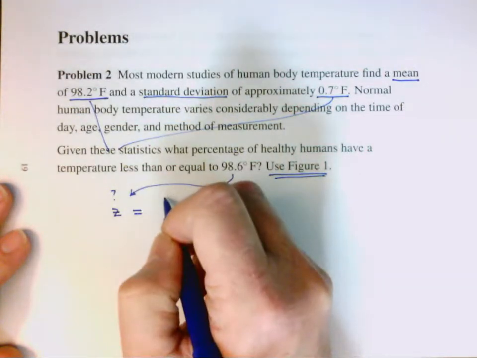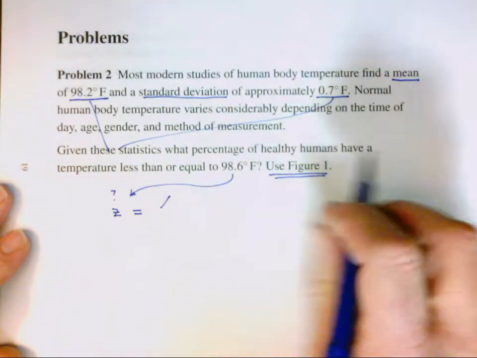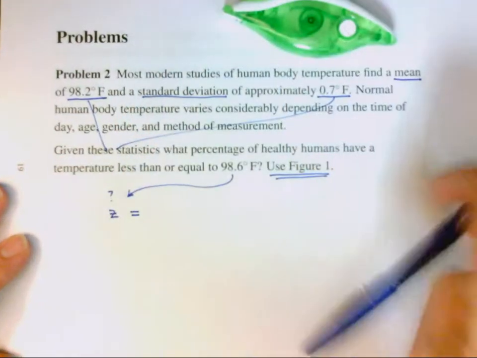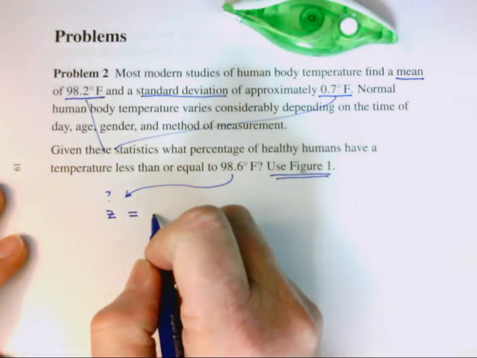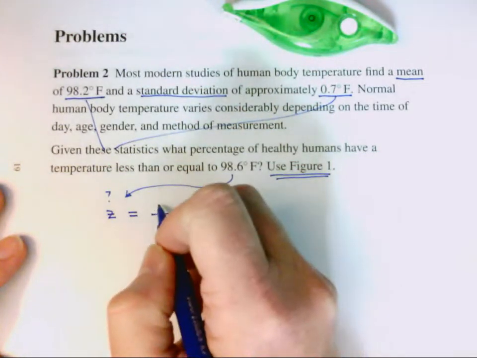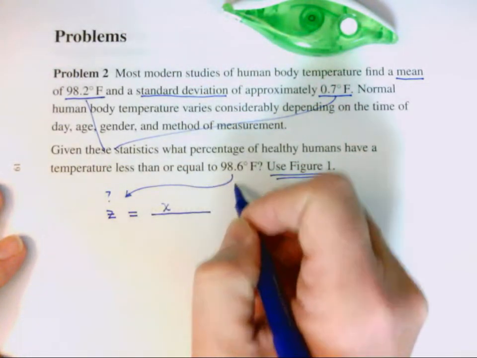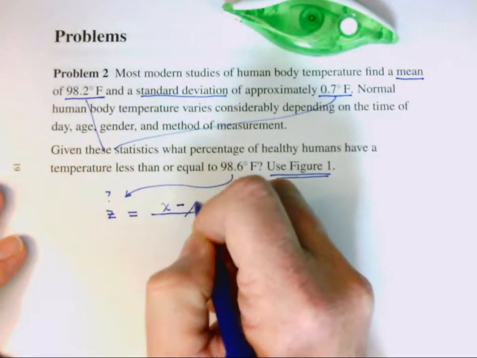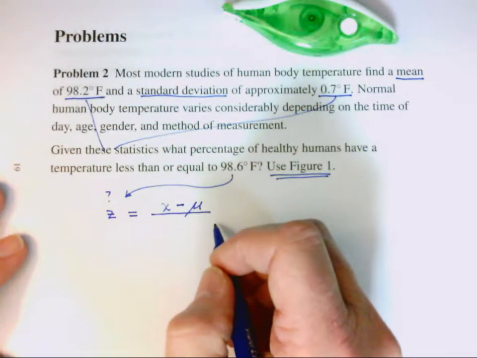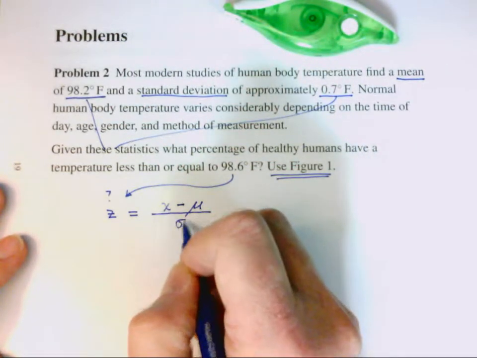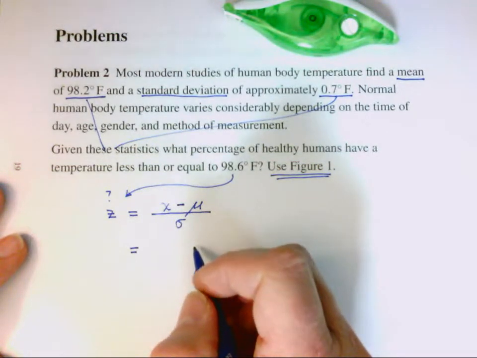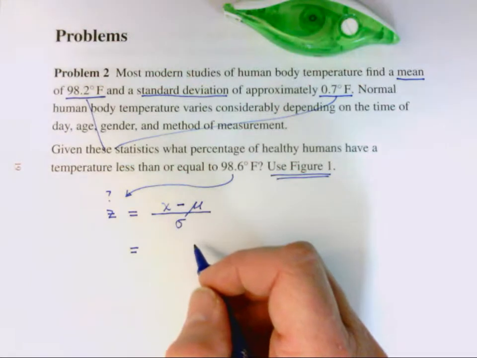Well, if we take our x, our data value 98.6, subtract from that the mean, and then divide by the standard deviation, we'll place this score on the normal distribution and be able to find it easily.